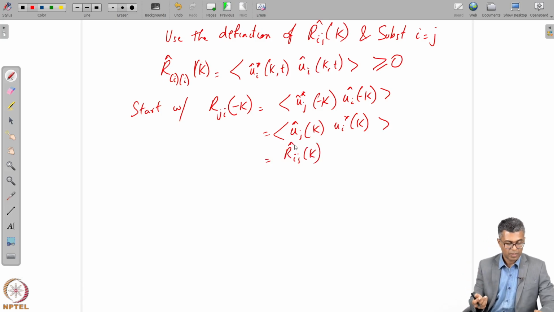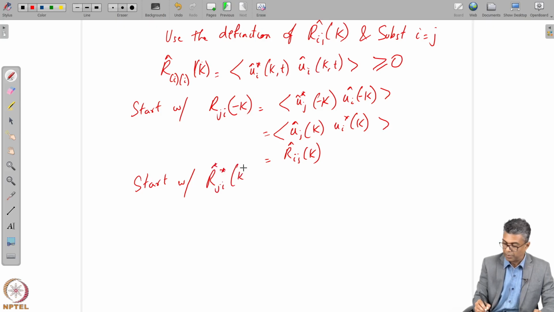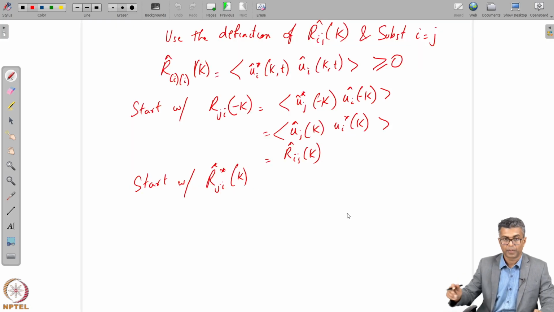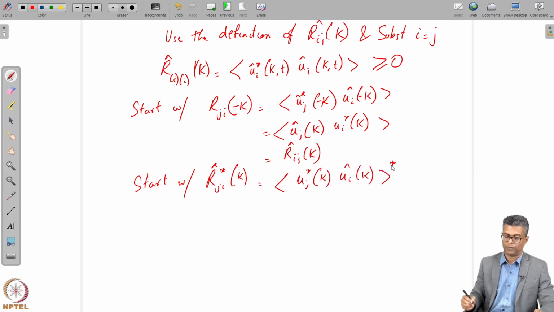It's just flipped, that's it. On the other hand, if I start with Rji star hat of kappa, then what I have is open angle bracket uj star of kappa multiplied by ui hat of kappa, and star of this because it is Rji star.